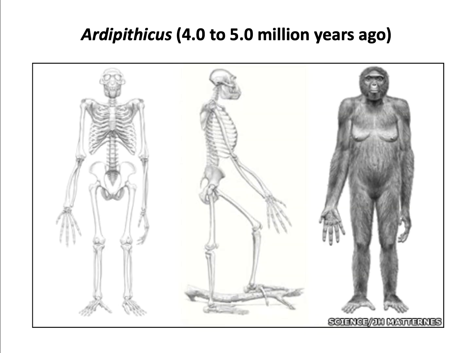So 4 to 5 million years ago, this was the first branch that led to the hominins. And you can see this is Ardipithecus, and 4 to 5 million years ago, he had longer arms and hands, and then shorter legs than modern humans. Sort of some of the characteristics of modern apes, but then many characteristics of modern humans as well.